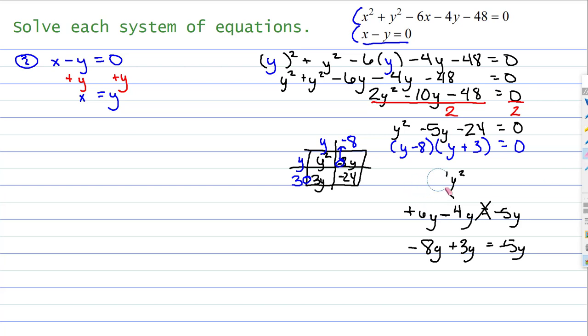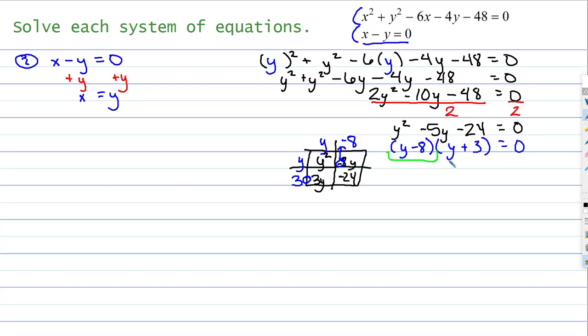And I'm going to go ahead and erase my work here so I can work underneath it to solve the next step. So what I know on this is that first I have a product of 0. Either this first one has to be 0 or this next one has to be 0. So it's either y minus 8 that's equal to 0 or it is y plus 3 that's equal to 0.